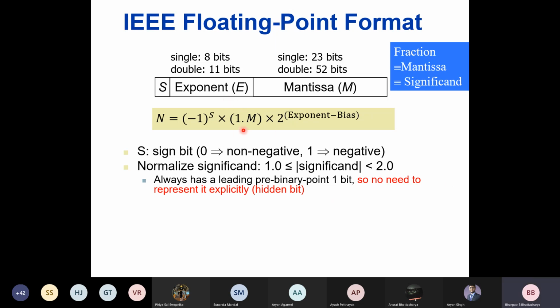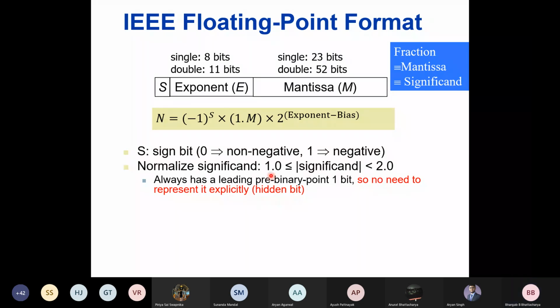It's a leading pre-binary point 1. Before the binary point, we have a 1 which is not explicitly represented here, but during the evaluation of this number, we restore it. So there is no need of representing it explicitly. It's a hidden bit.